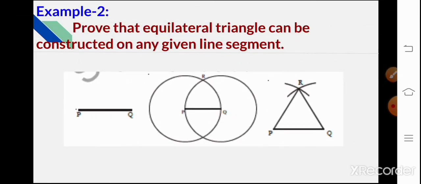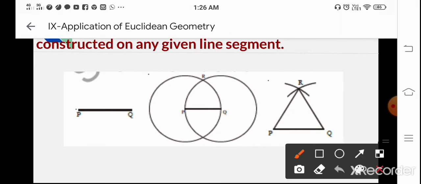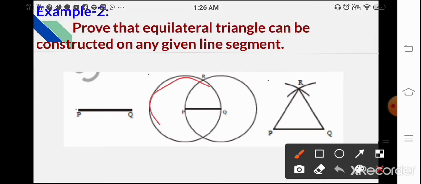Let us see example 2. Prove that an equilateral triangle can be constructed on any given line segment. The given line segment is PQ. With center P, with radius PQ, draw a circle like this.